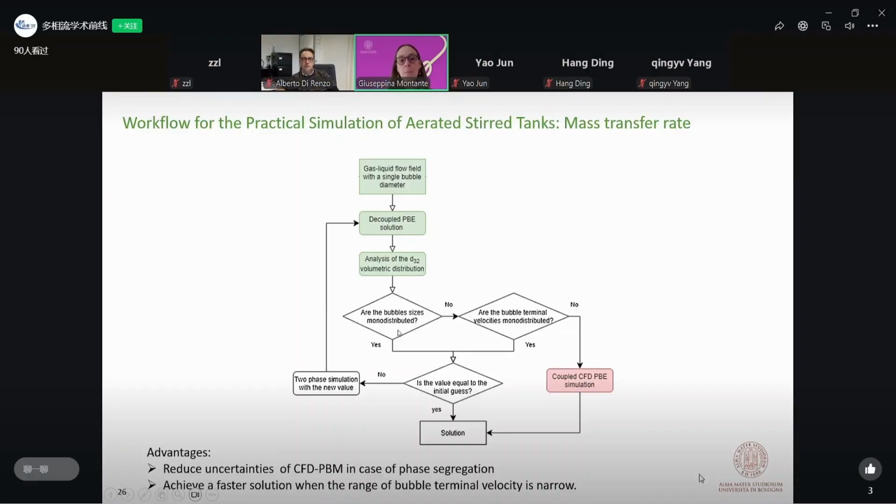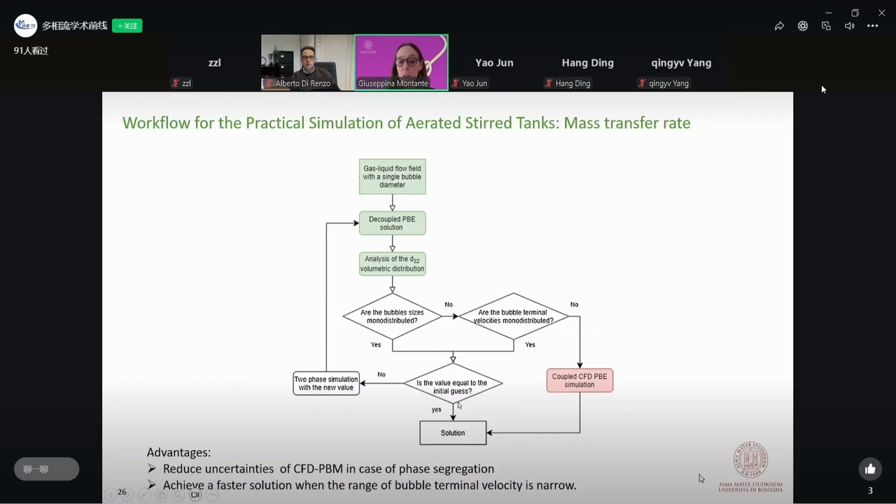If the bubble size is monodistributed, we actually are close to the solution. If not, we need to run coupling between population balance and two-fluid model. And instead, if they are not coupled, we can solve just the population balance and obtain a reliable solution.